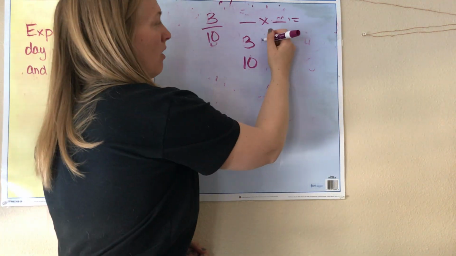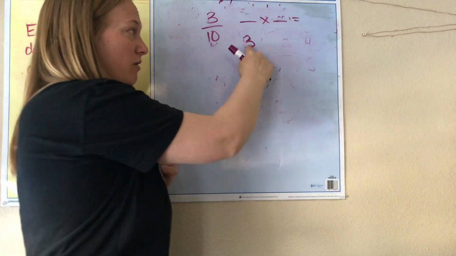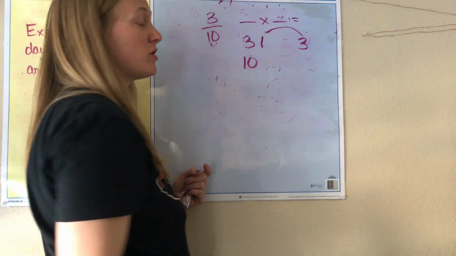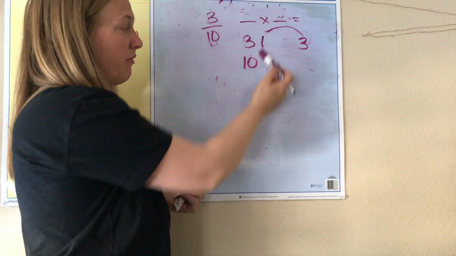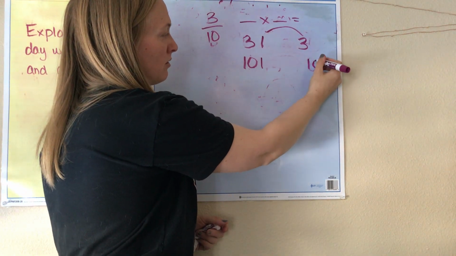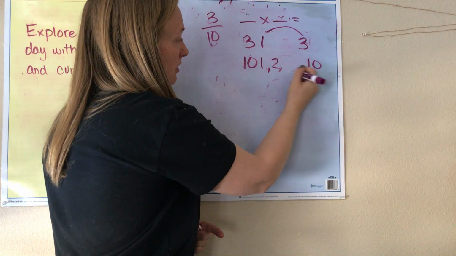So, factors of 3. What two numbers, when multiplied together, give me 3? Well, I'm going to start with 1, and I'm going to start with 3. Those are my only factors of 3. 10, factors of 10, 1 and 10. 2 and 5.